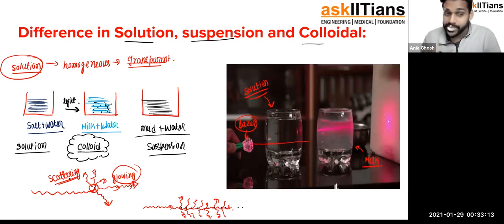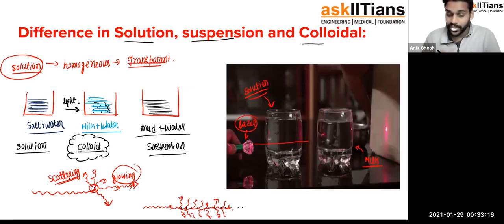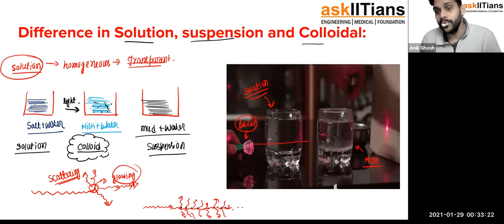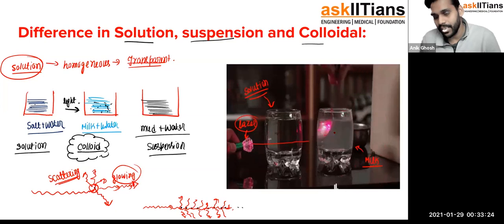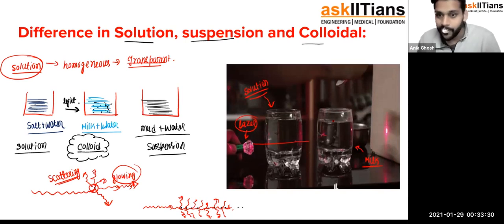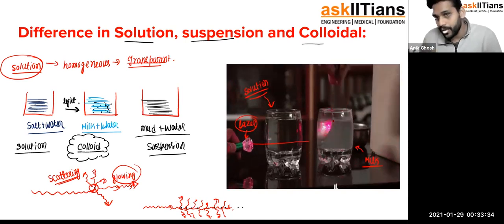And for that reason only, you can see the entire pathway through which the light is going. The particles are just scattering the light and it is falling into our eyes. For that reason only, we can see it glowing, and we can see the entire pathway of the light.